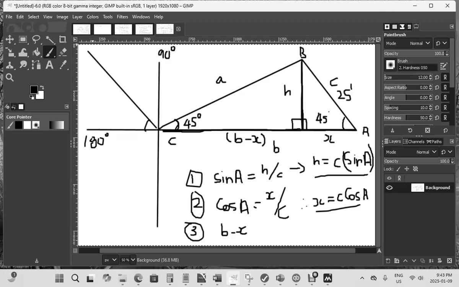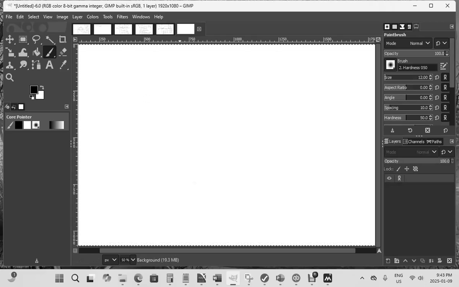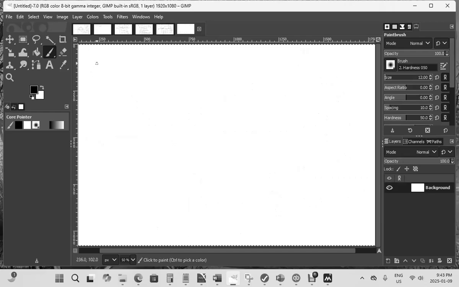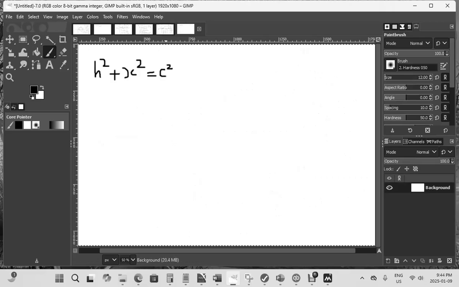Let's take another page over here. We have X squared plus H squared equals C squared, C squared being your hypotenuse.